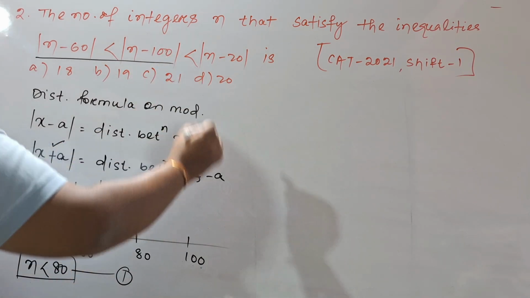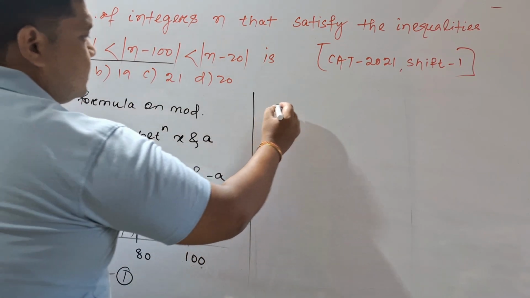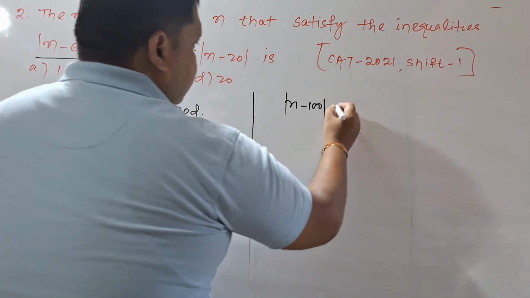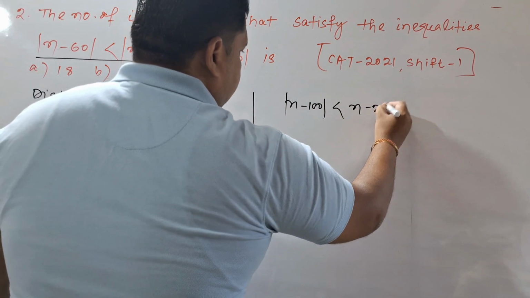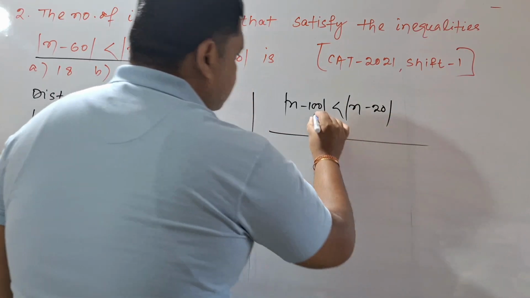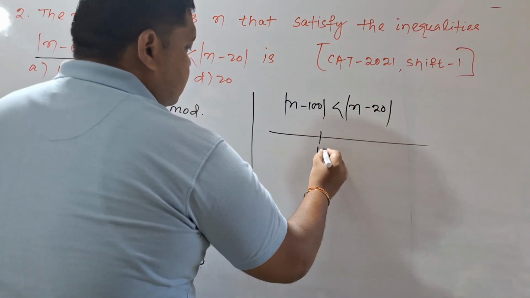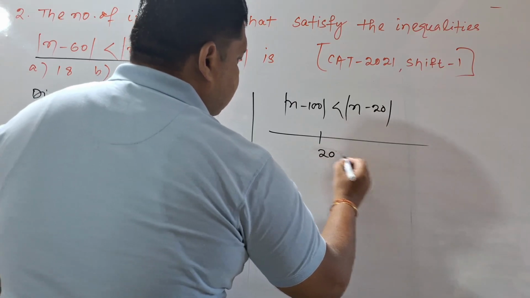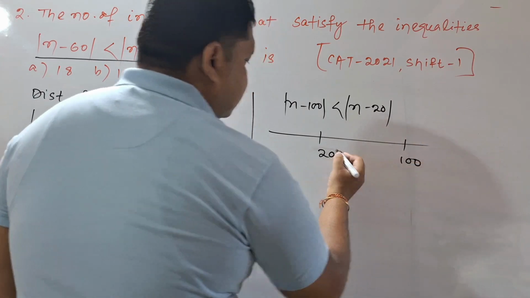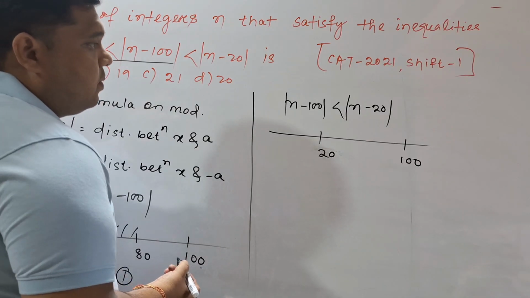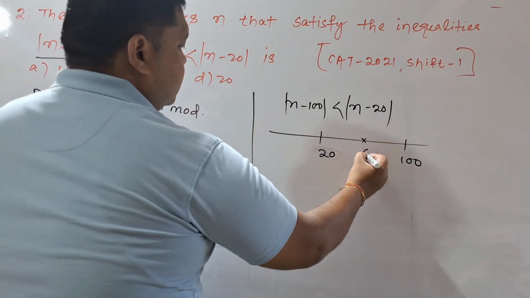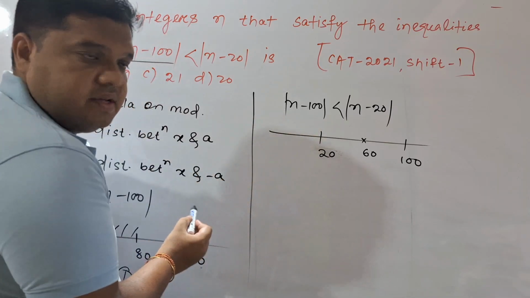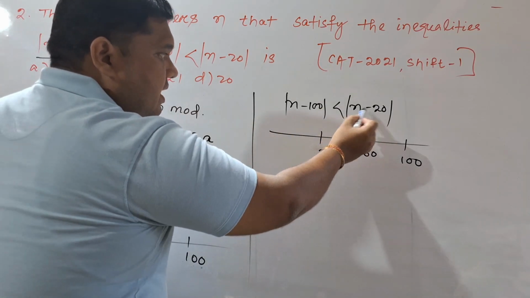Now I will check another condition. It is given |n minus 100| is less than |n minus 20|. Again, first represent these two critical points on the number line: 100 and 20. Now the middle term is 60. The condition is the distance between n and 100 is less than the distance between n and 20.